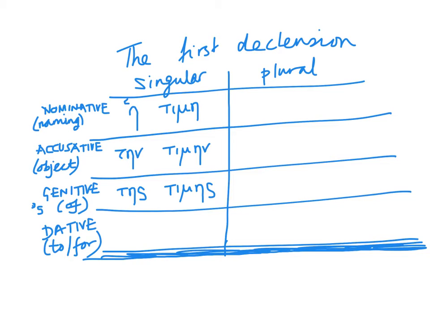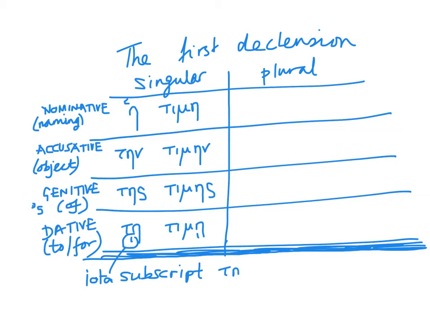And for the dative, if I want to say to or for the honour, then it will look rather different. Tē timē. And what you see now is a tiny iota just underneath the eta. We call that an iota subscript. The story is that in very early Greek, that iota would have been written after the eta.